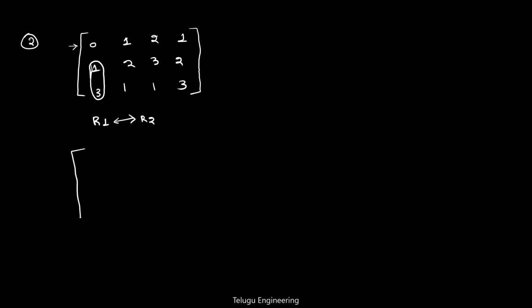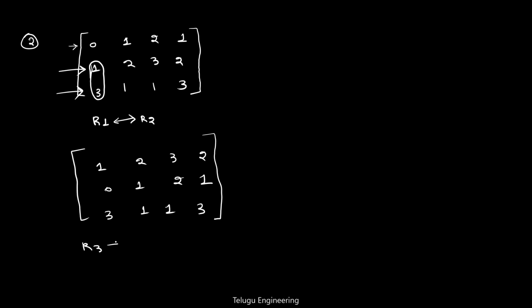So this converts to the following. Okay, so we have converted this place to 0, and next this place. So R3 tends to R3 minus 3R1, and this makes the matrix zero.